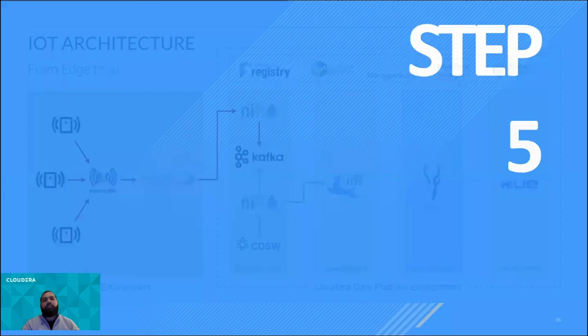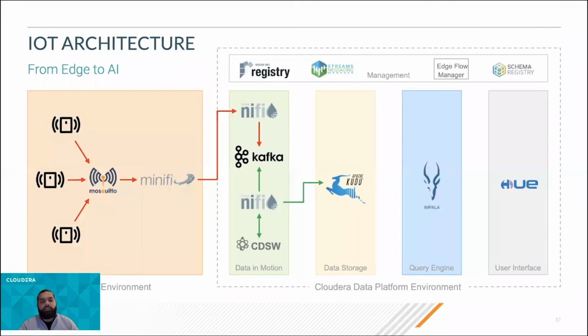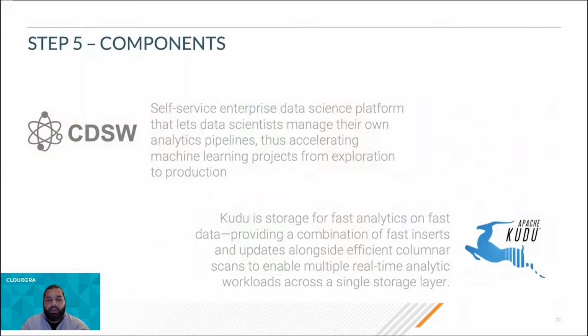Let's go to step 5, where we are going to consume the data, score the data in real time, and store the data in a Kudu table. The components of step 5 are Cloudera Data Science Workbench, or CDSW, a platform that allows the data science team to develop their analytics pipelines, train models, and also expose those models as REST APIs.